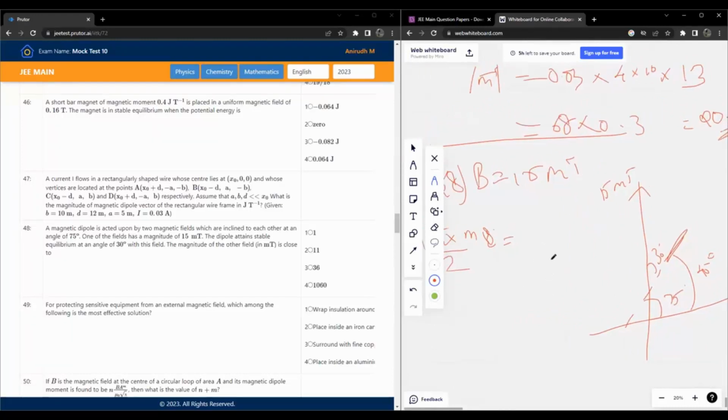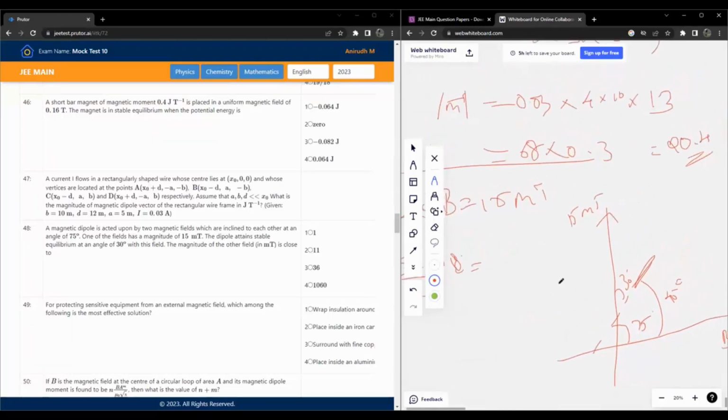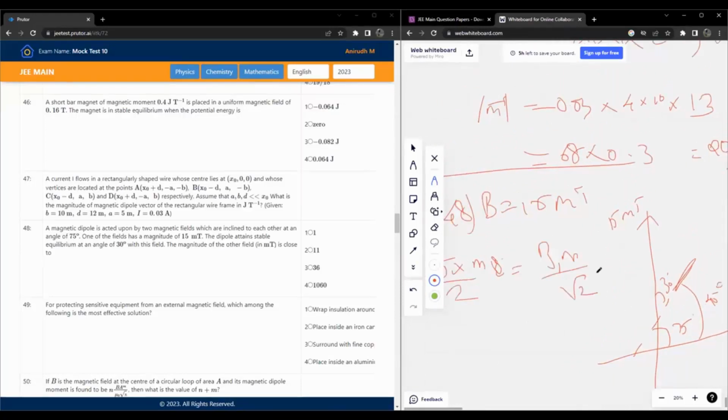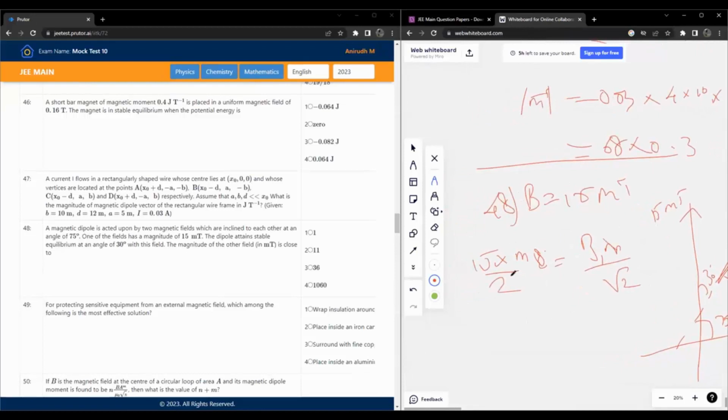So this is basically B1 M divided by root 2, because it's an angle of 45 degrees, right? So M cancels out, root 2 cancels out. So basically B1 equals 15 by root 2 millitesla, right? Which is close to 11. This is basically 10.6 mT, which is close to 11.